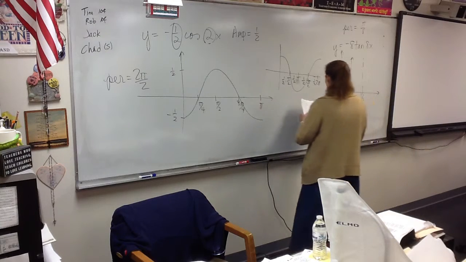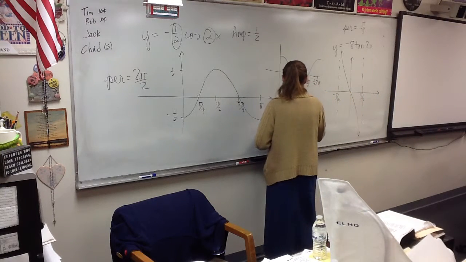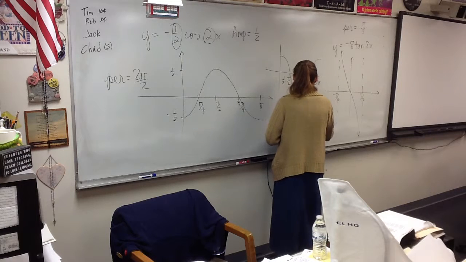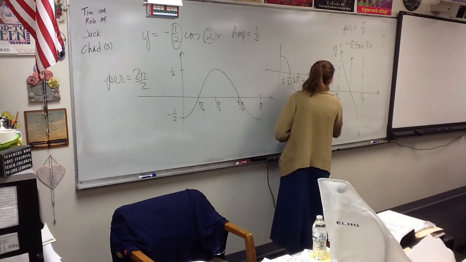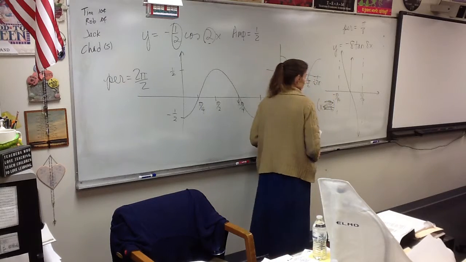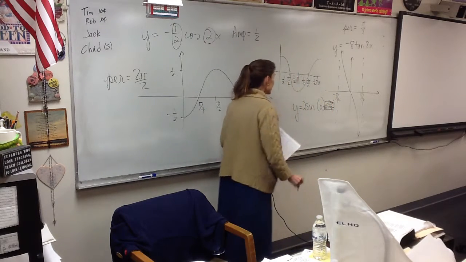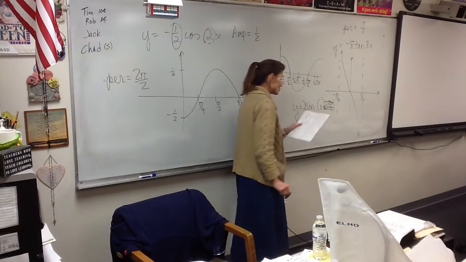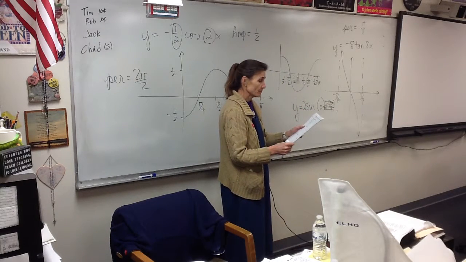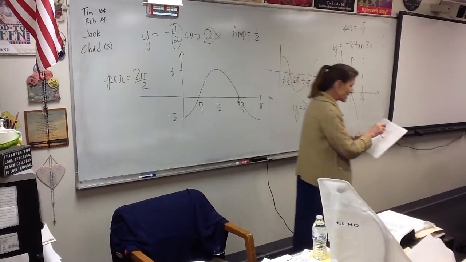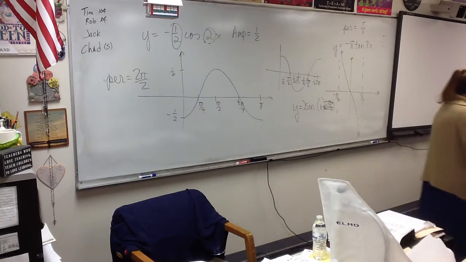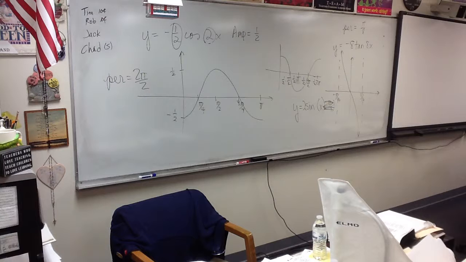In addition, question B. On question B, I want you to simply mark this off. So you are graphing y equals 2 sine x. That's question B. So you will graph a tangent, a sine, and a cosine, as well as do all of the other problems.